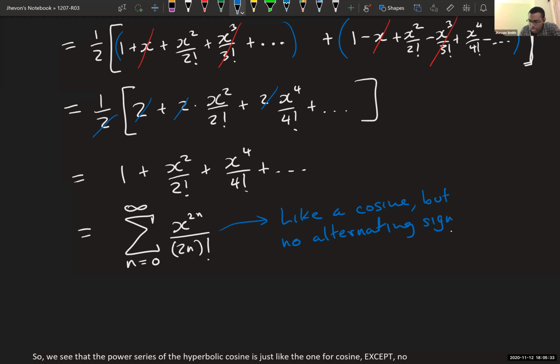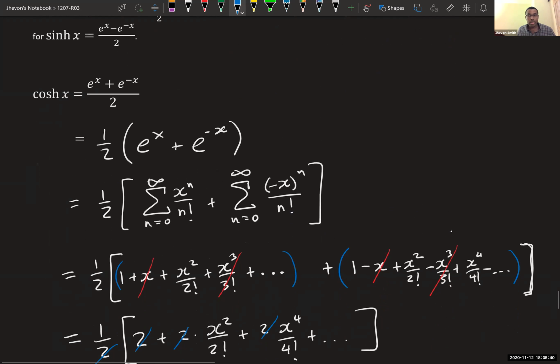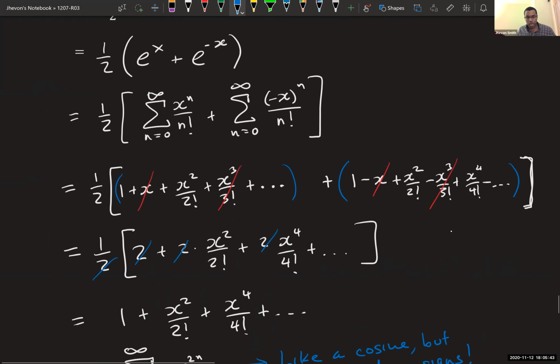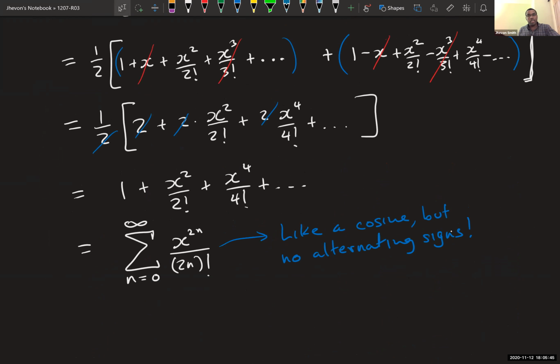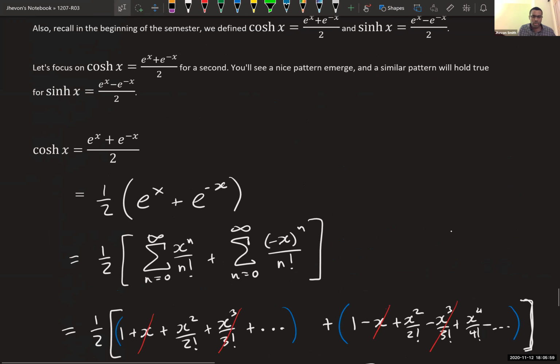So this is like the cosine power series, but for the cosh, the hyperbolic cosine, it's like a cosine, but not alternating. Who would have thought? It turns out the name hyperbolic cosine is pretty apt, right? Not only is it an even function, but it actually looks like a cosine. Why would they call it a cosine? Why wasn't this function called something else? It turns out it behaves very much like a cosine.